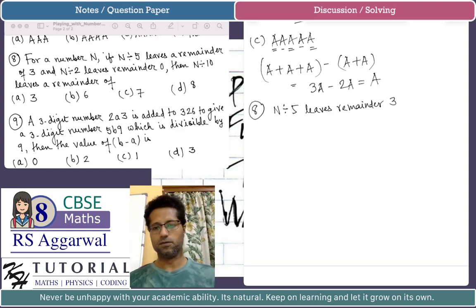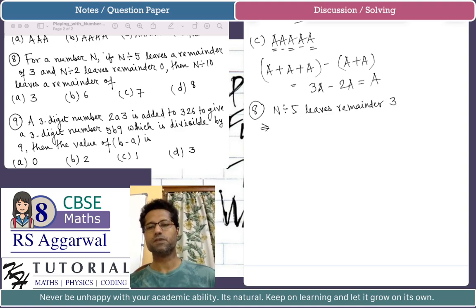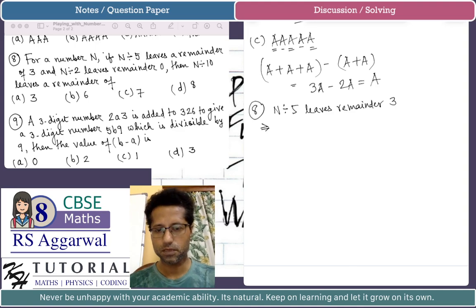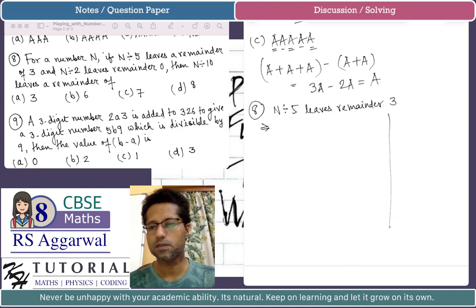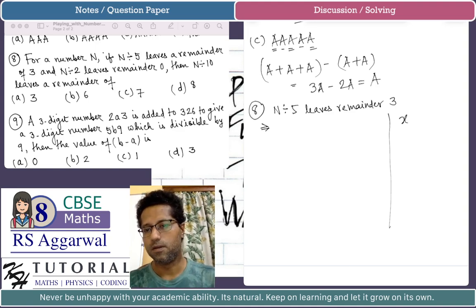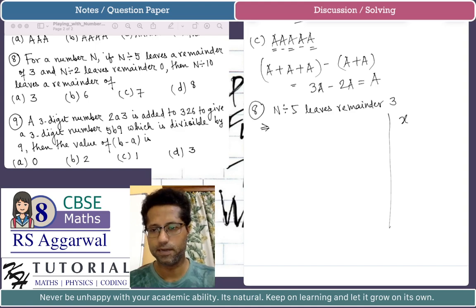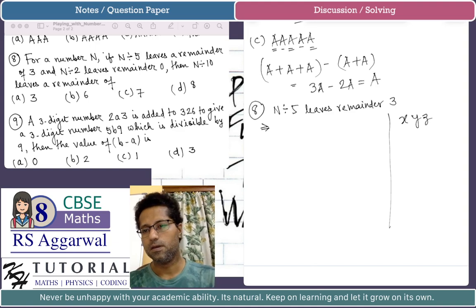Leaves remainder 3. So this will clearly imply that, please note one thing, if you have some number, it could be a 2-digit number, 3-digit number, or 4-digit number, that does not matter. Let's say there is a 3-digit number xyz.